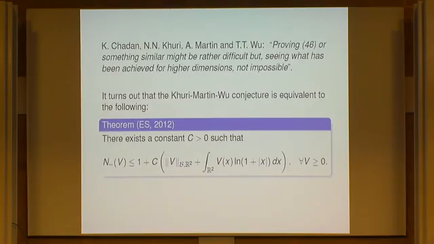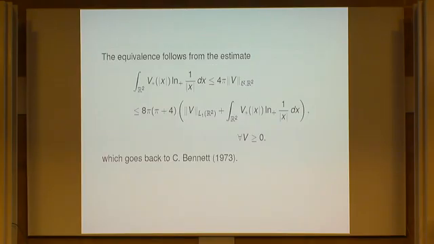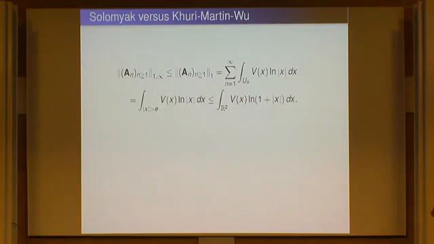They said it's difficult to compare those estimates, and it indeed is difficult. So remember, in all estimates you have weighted L1 norms and something stronger, say an Orlicz norm. Let us look at the first type of terms. This is what Solomyak has, and this is what is in my estimate.